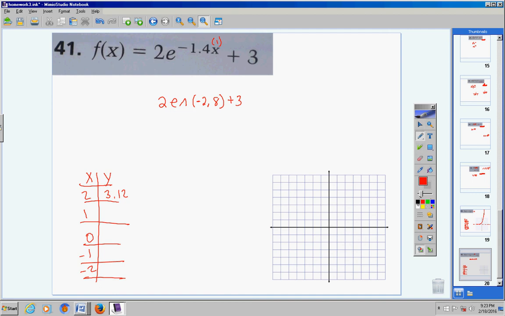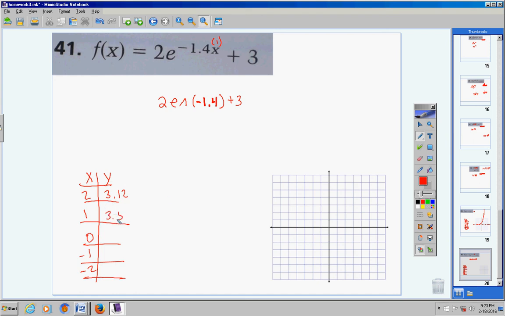So we're going to put negative 1.4 in here. And there we go. Okay, so now you have 2 e button negative 1.4 plus 3. If you type that in correctly, you will get 3.49 or 3.5.